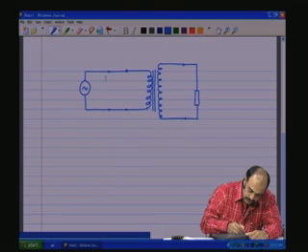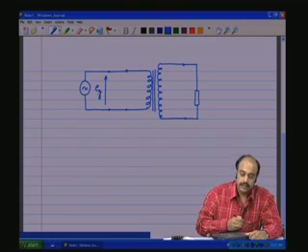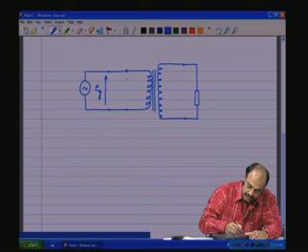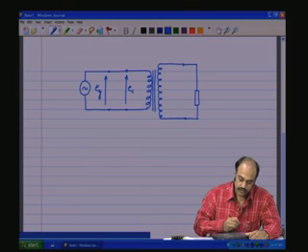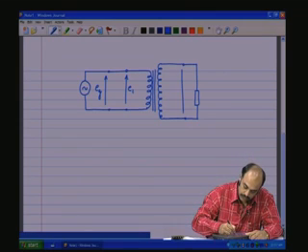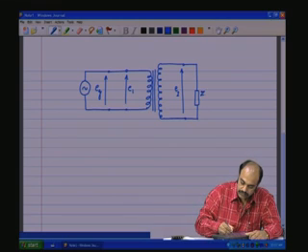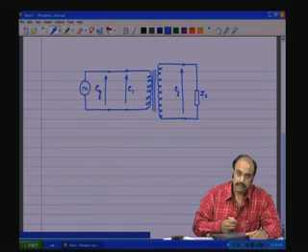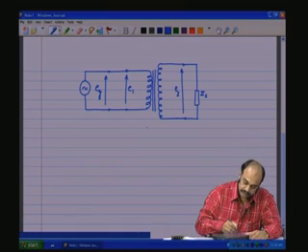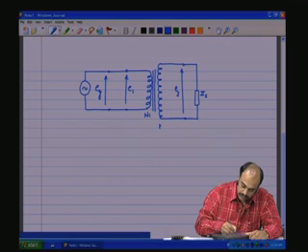So, this is our EG, the generator voltage. This is E1, the primary induced voltage across the primary of the coil. There is an E2, the secondary induced voltage across the secondary of the coil. This is Z2, the secondary impedance that is applied across the secondary terminals. We have N1 number of turns here, N2 number of turns here.